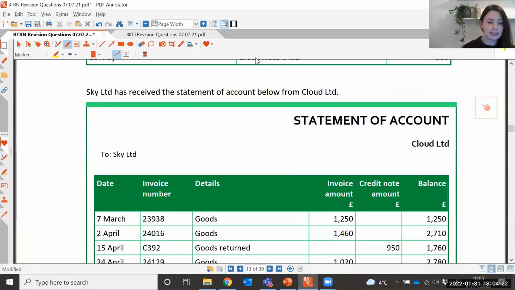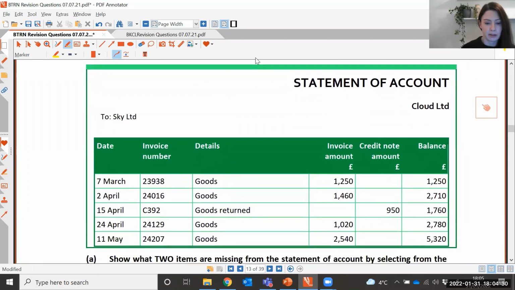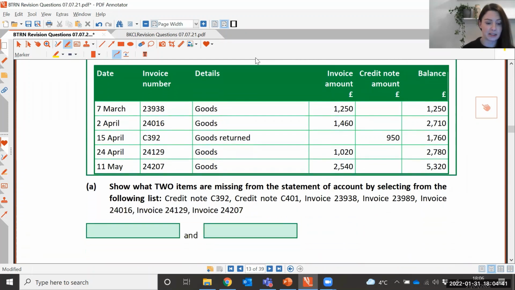And then Sky Limited has received a statement of account below from Cloud Limited. So Cloud Limited has sent us this statement of account showing items in which we have purchased and also items in which we have returned.